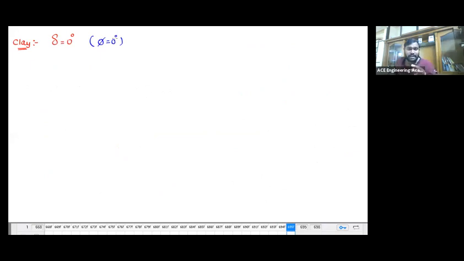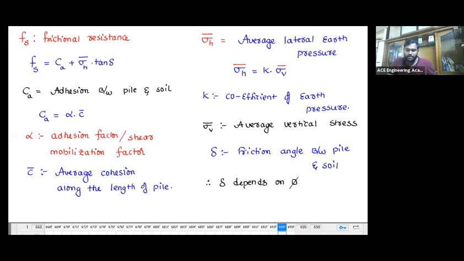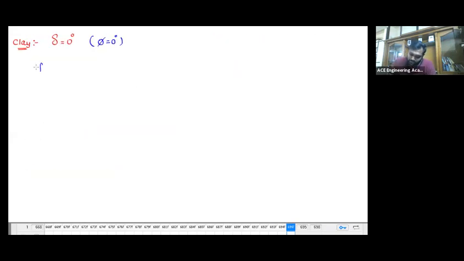Sir, why did you take delta 0? Because delta is a function of phi. Delta can be phi, or delta can be less than phi. So when phi is equal to 0, delta is also 0. If delta is 0, then Fs is nothing but alpha into C bar.